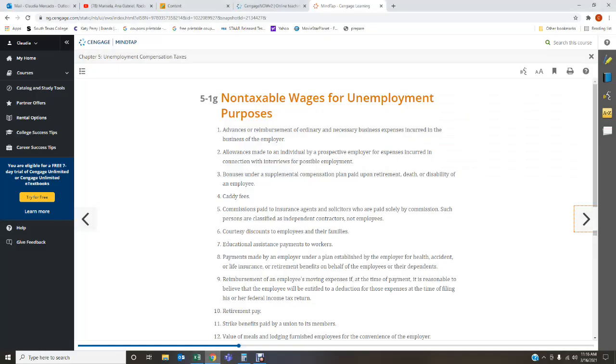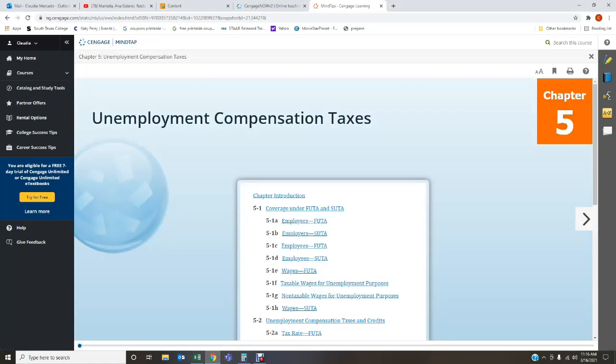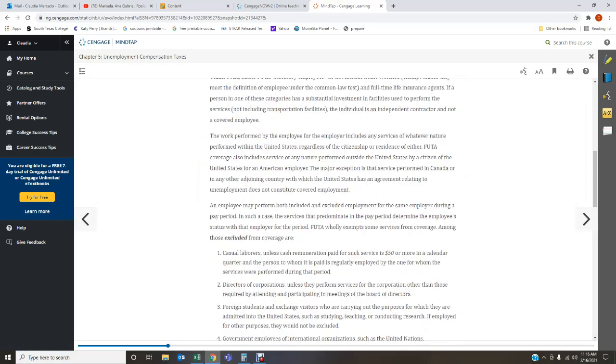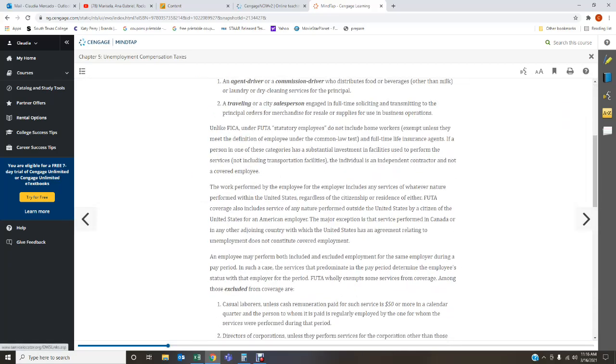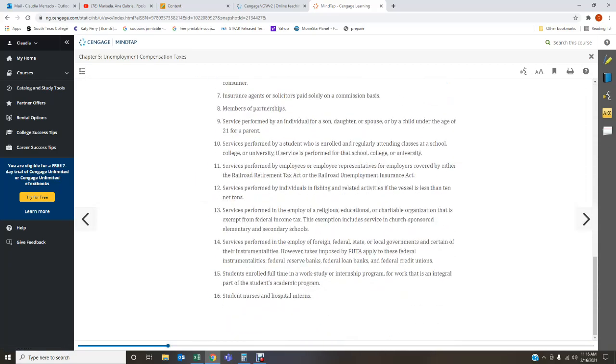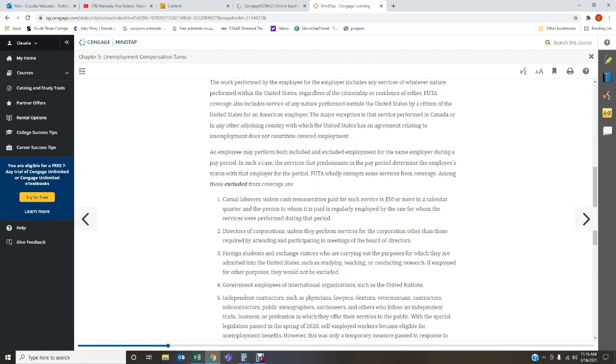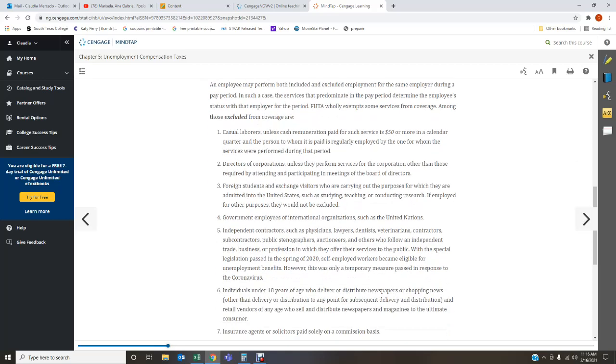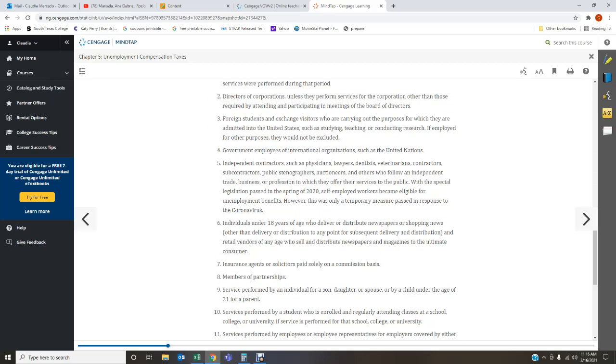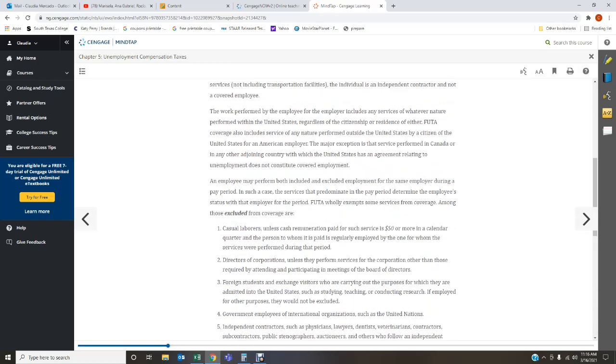Okay, remember, always refer to your book. There's a lot of information included, what's taxable, what's not taxable. Down here on section 51C, it gives you a long list of people that are excluded from coverage under FUTA. Directors being one of them, but it includes foreign students, government employees, independent contractors. A lot of information. Read it.